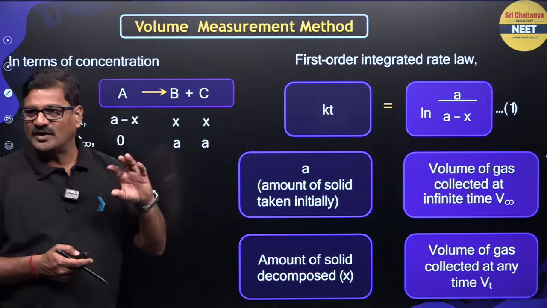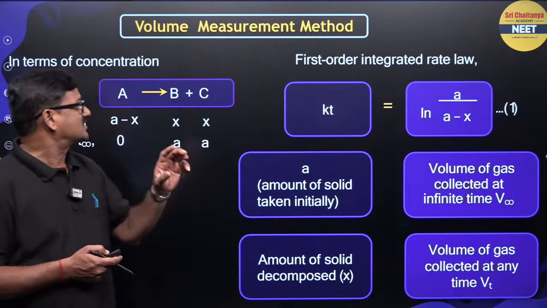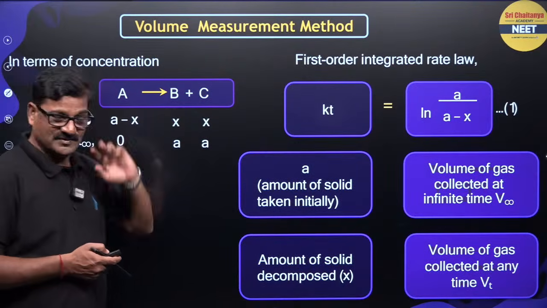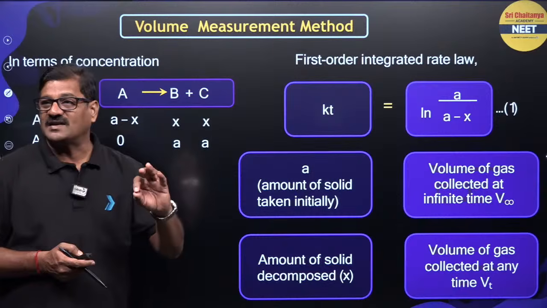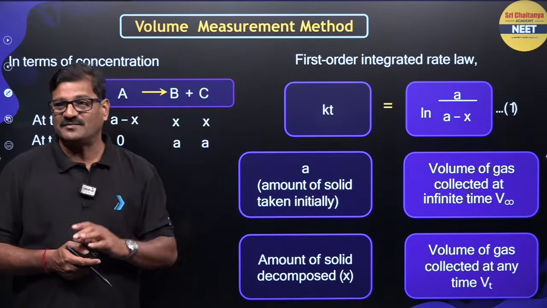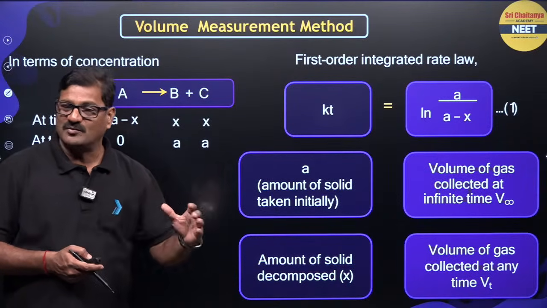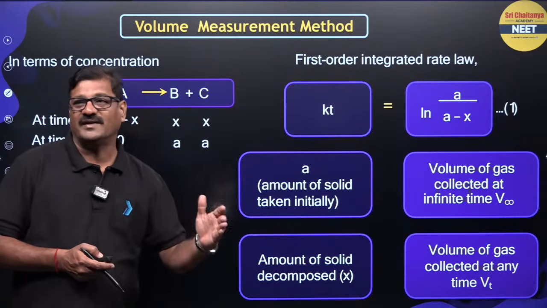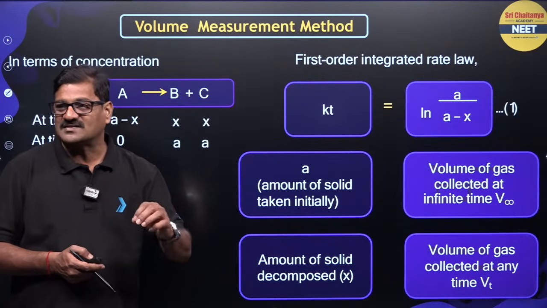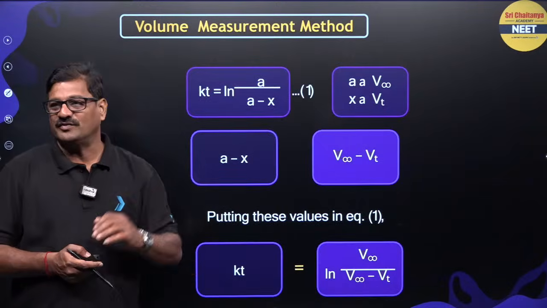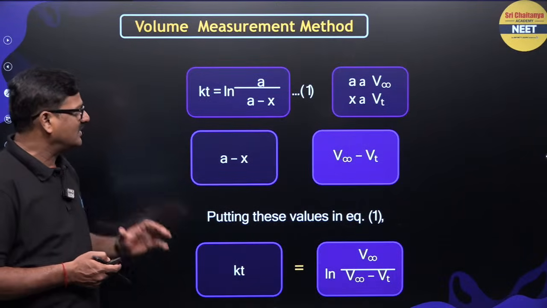A is the amount of solid taken initially, so it is given as a solid, liquid and a gas. So the volume of gas collected at infinite time is V infinity, the amount of the solid decomposed is going to be V minus x, and the volume of the gas collected at time t is equal to Vt. Put that in directly.